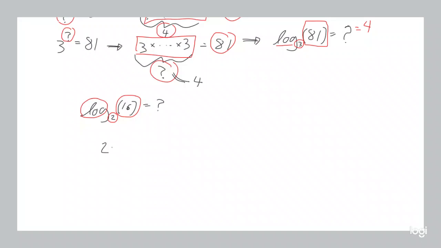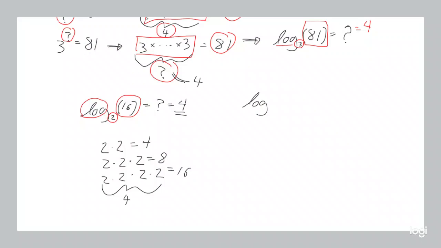Well, 2 times 2 is 4. 2 times 2 times 2 is 8. 2 times 2 times 2 times 2 is 16. We've got 4 2's here. So the answer is 4. How many times do you have to multiply by 2 in order to get 16? 4 times.